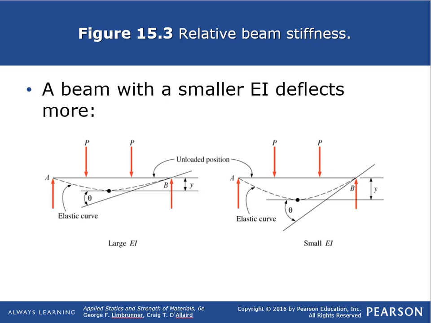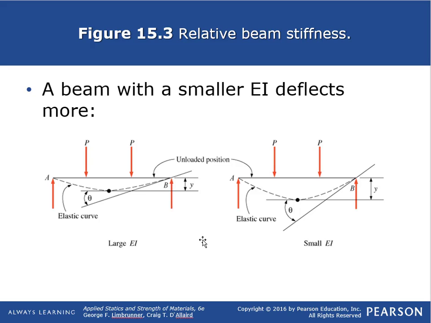In this figure we're looking at two beams with the same loads, P and P. We have an unloaded position of the beam here, and then this loaded elastic curve position. This shows us that if the beam has a larger EI, or stiffness, then our deflections are smaller, hence this Y deflection.